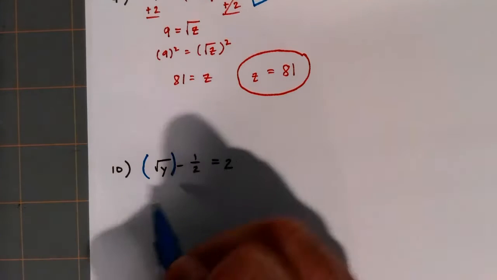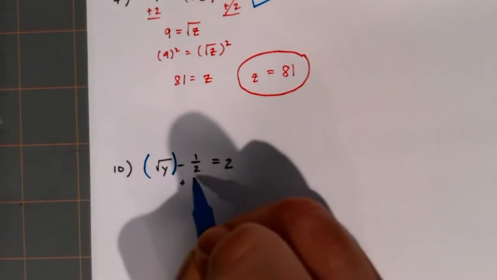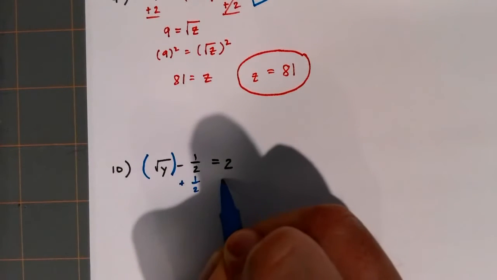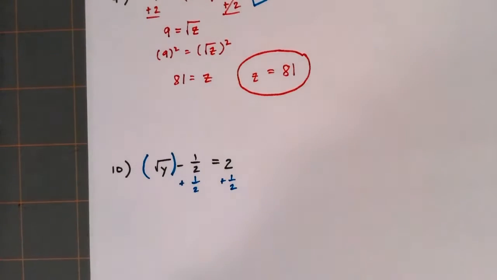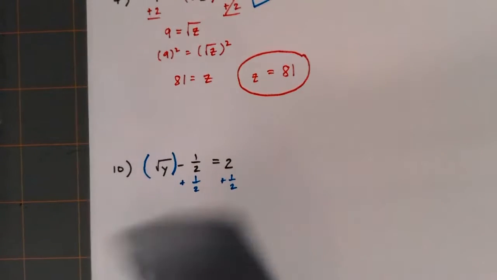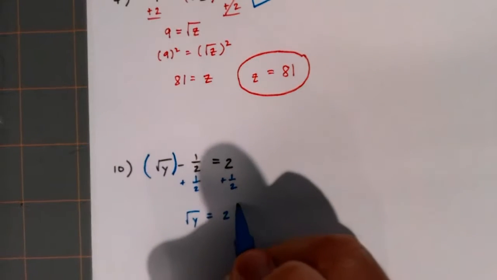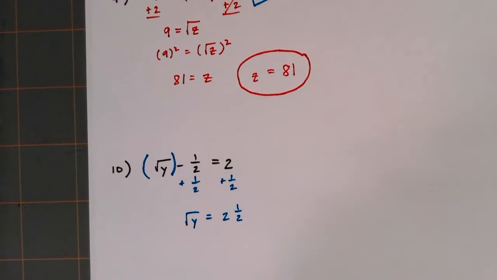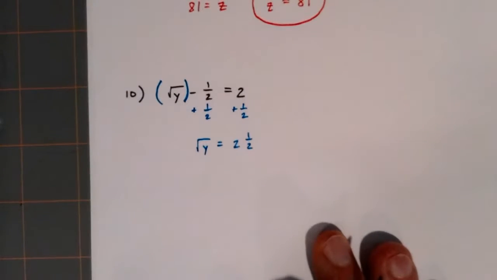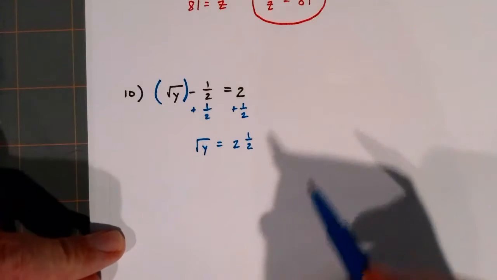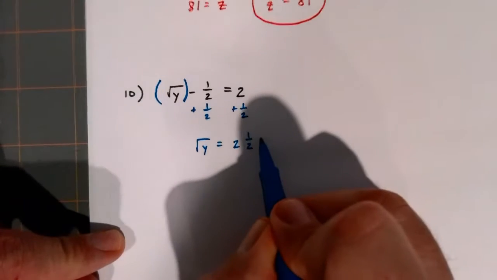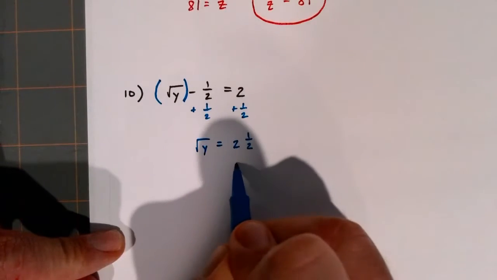Divide and conquer. So I'm going to add 1/2 to both sides. So root y equals 2.5. Quit now, it's hard. Don't quit. You can do it. I believe in you. So I probably would just say, I would use 5/2 here.